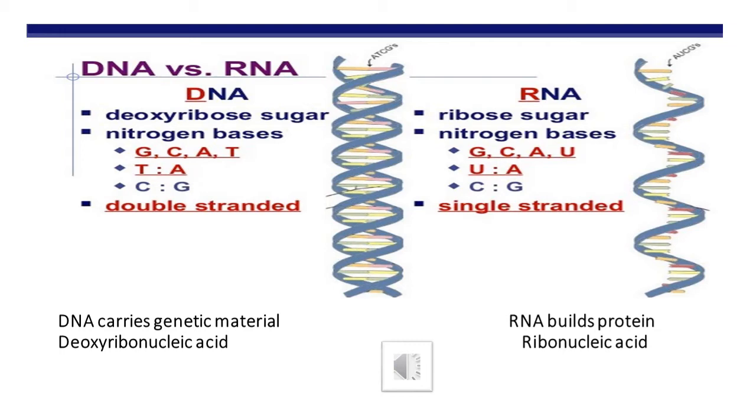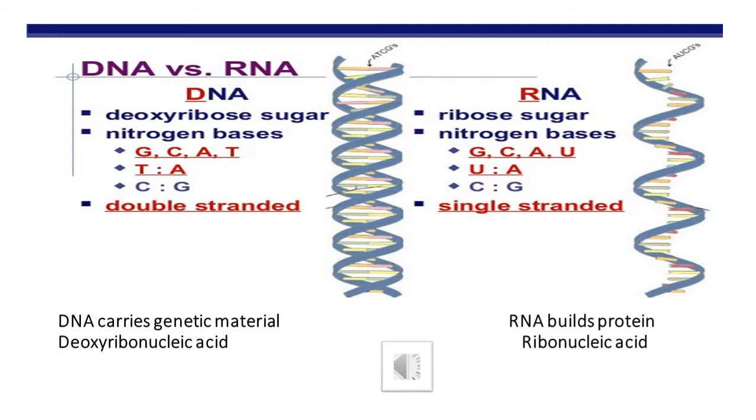RNA has 4 nucleotides: adenine, cytosine, guanine, and uracil. Where is the T? Where is the thymine? No thymine in RNA. It has another nucleotide called uracil. Uracil is in place of thymine.